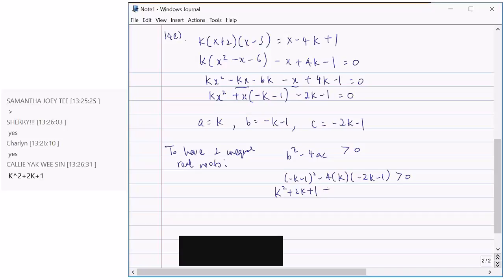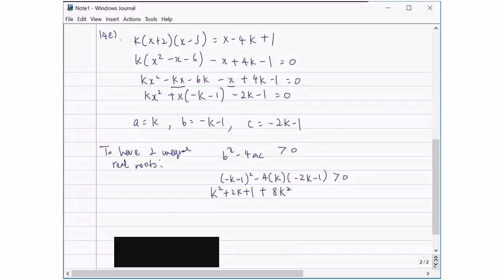Plus 4k times 2k, 8k squared. Then some more plus 4k. Okay? So I open up the brackets. Jade, can you help me to tidy up the terms on the left-hand side?